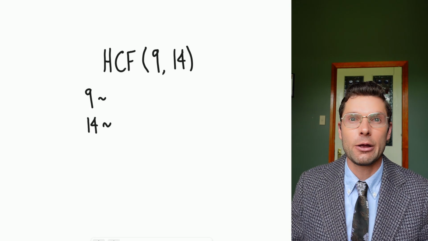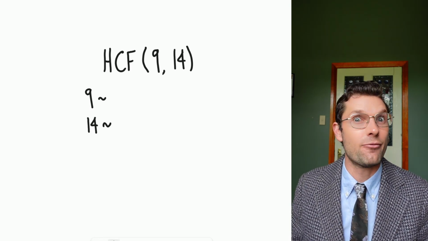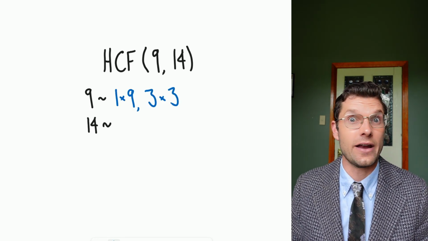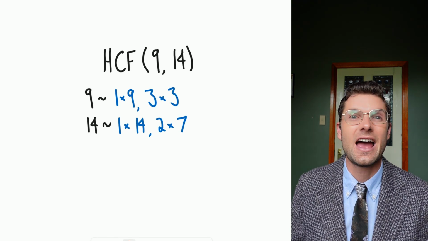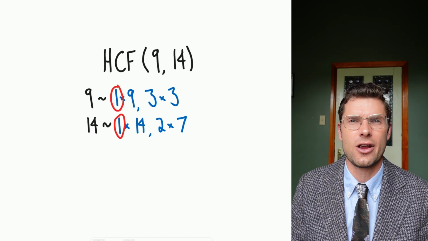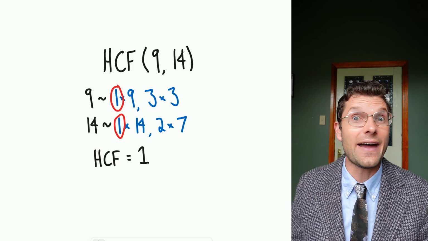Happy days. Finally, we might be asked to find the highest common factor between two numbers that don't actually have a very high factor. So if I've got 9 and 14, I've got 1 times 9 and 3 times 3, or I've got 1 times 14 and 2 times 7. As I can see here, the highest common factor is 1, which is not a very high number. So you could write that the highest common factor is equal to 1, that's totally fine.